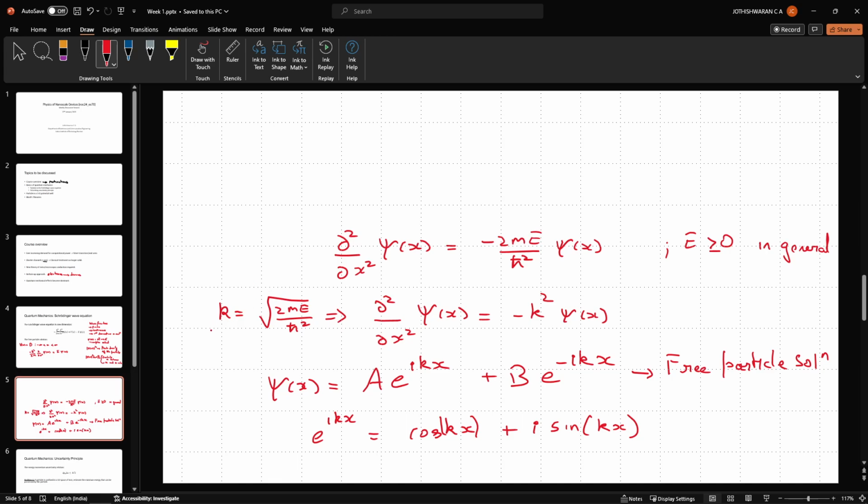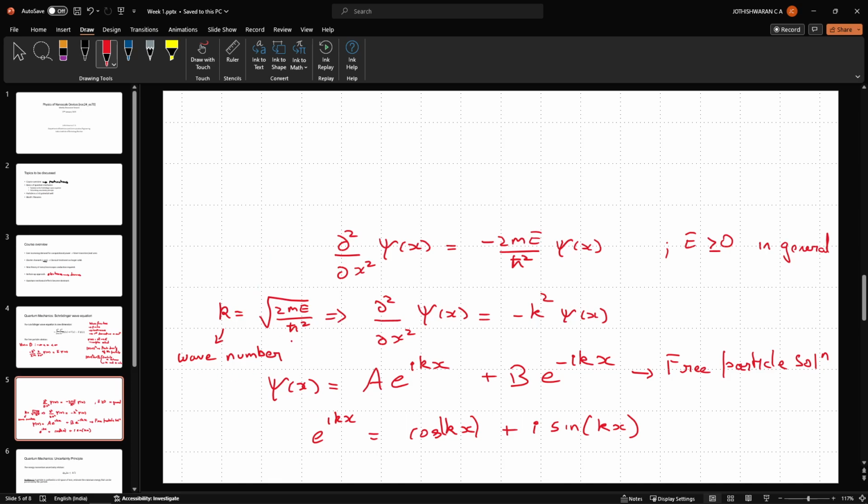And this value k is defined as this. K is known in quantum mechanics as the wave number, and also in the general theory of waves, k is known as the wave number. So this will play an important role.